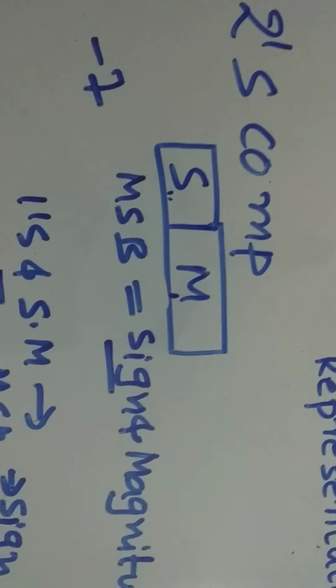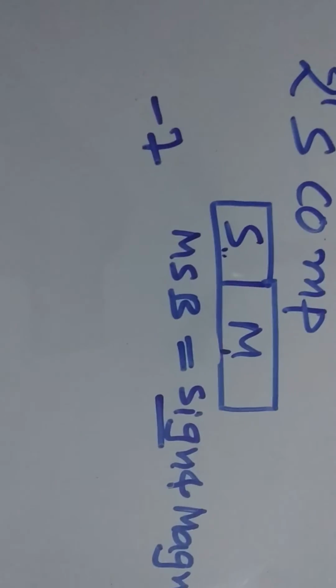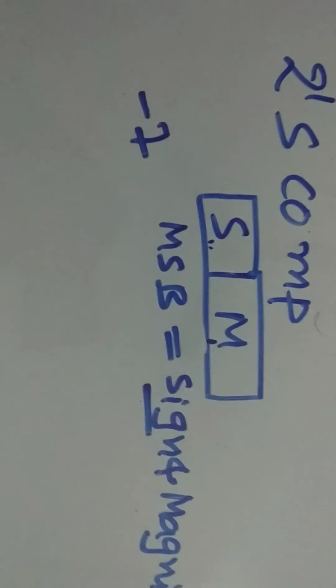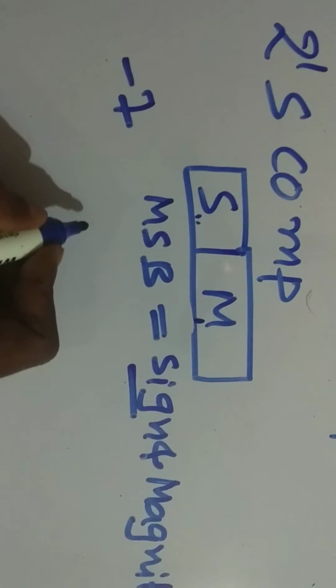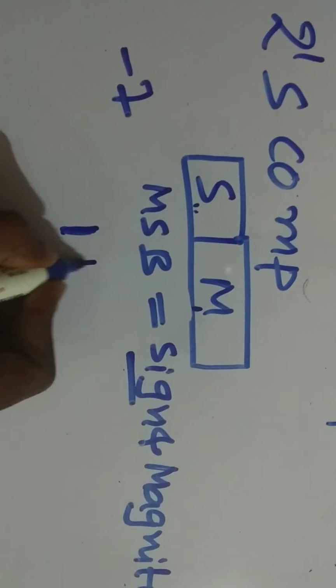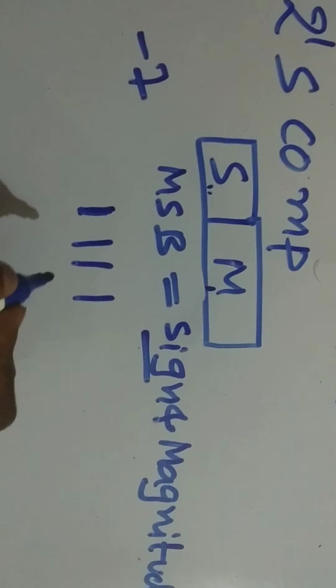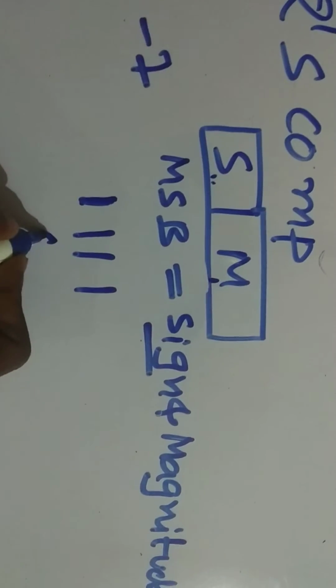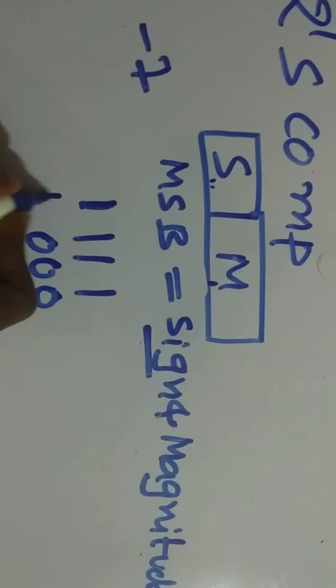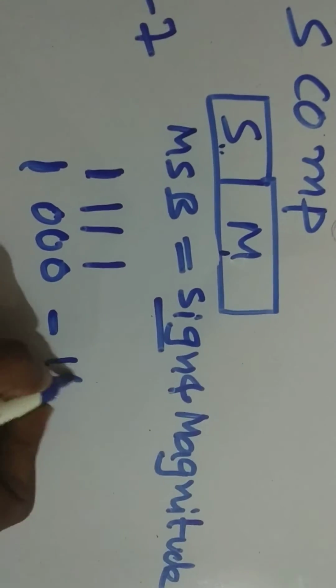Let's go with the example minus 7. So minus 7 can be represented like this in 2's complement form. First we need to find the 1's complement. So in 1's complement, it's sign magnitude form, it is 1 0 0 0. It is 1's complement.